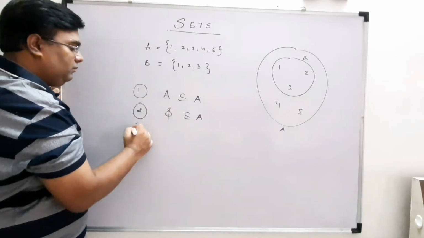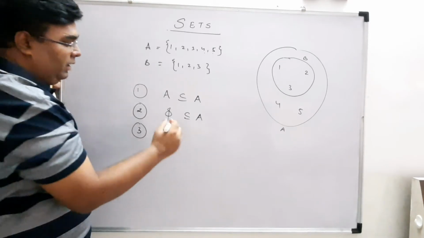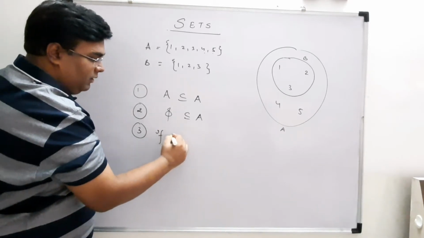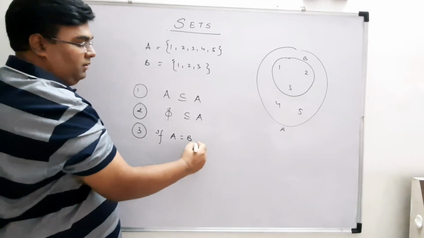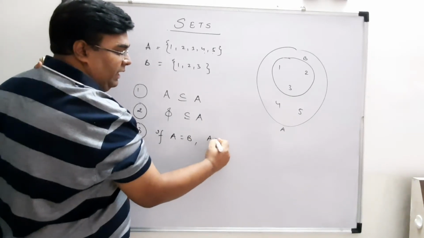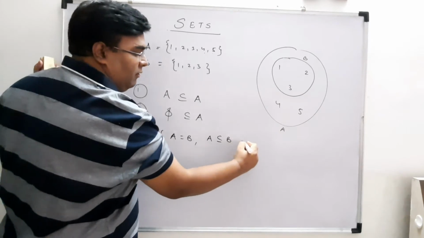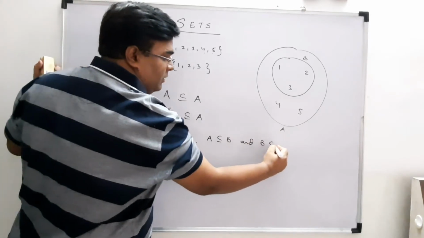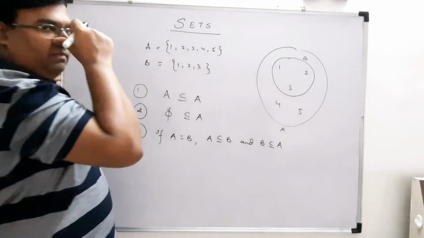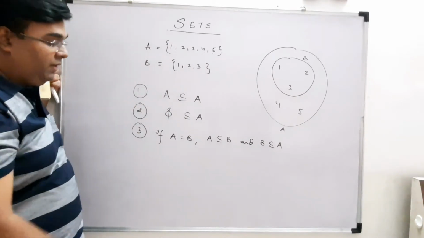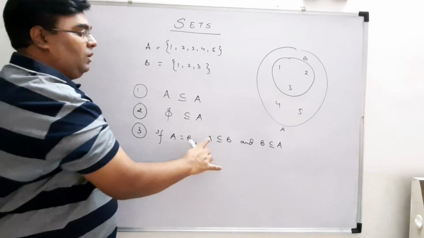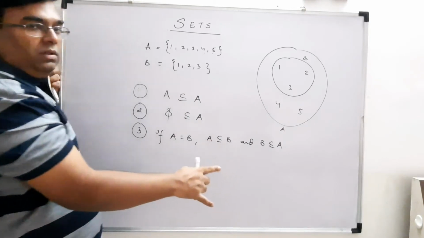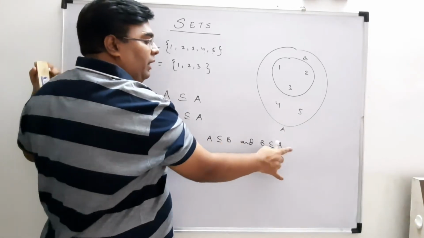Third, we know that if two sets A and B are equal, then the condition was that A is a subset of B and B is a subset of A. So if A and B both are equal sets, it means all the elements of A are in B also and all the elements of B are in A also.